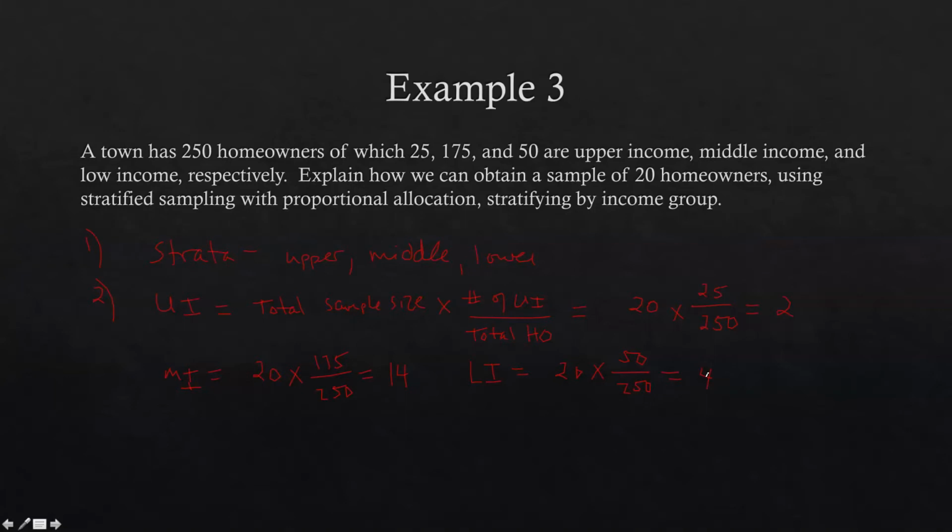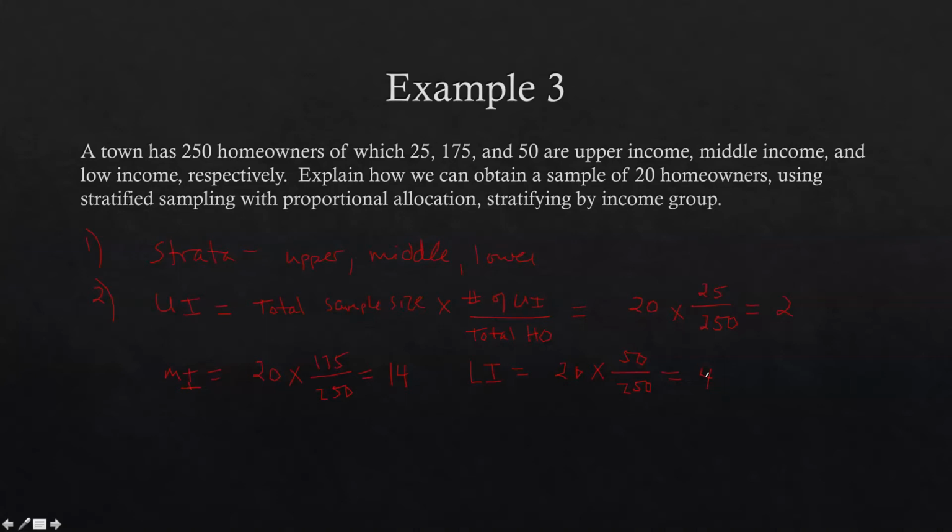You can put them all in a hat, randomly draw them using a number table, or use a random number generator with your calculator. There are several ways to do that. But what you're going to do is take 2 from the upper income, 14 from the middle income, and 4 from the lower income. That's how we would obtain a sample of 20 homeowners using proportional allocation by stratifying.